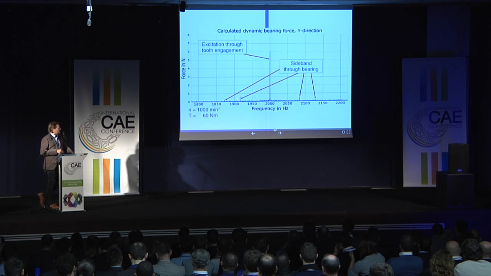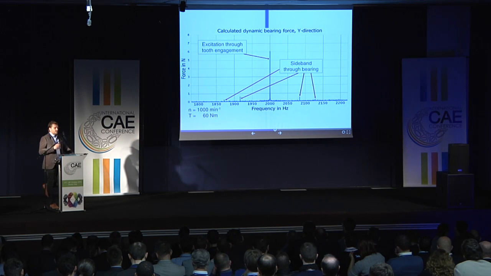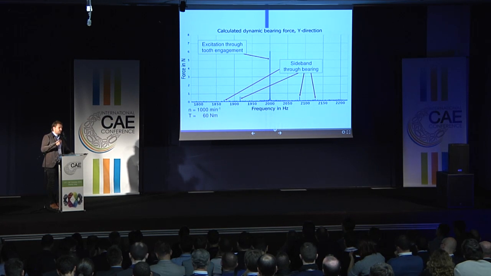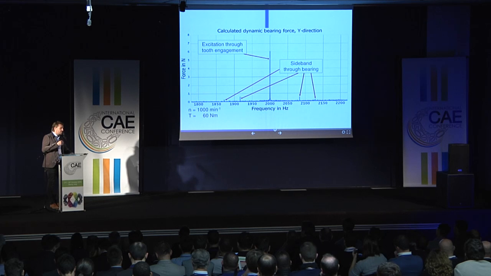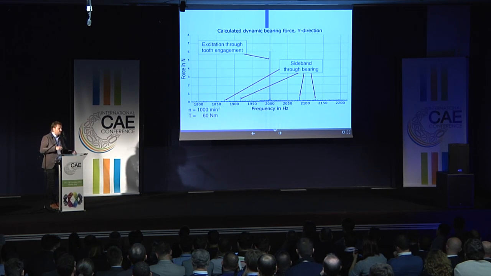So if you measure the frequency between the 2000 Hertz right here and this 1920 something, this is exactly the rolling element frequency we have in the bearing. So obviously our model works, because the tooth engagement is the excitation, and it travels through the model, through the beam elements of the shafts and the bearings, causing the gearbox housing to vibrate. So now we know it works.